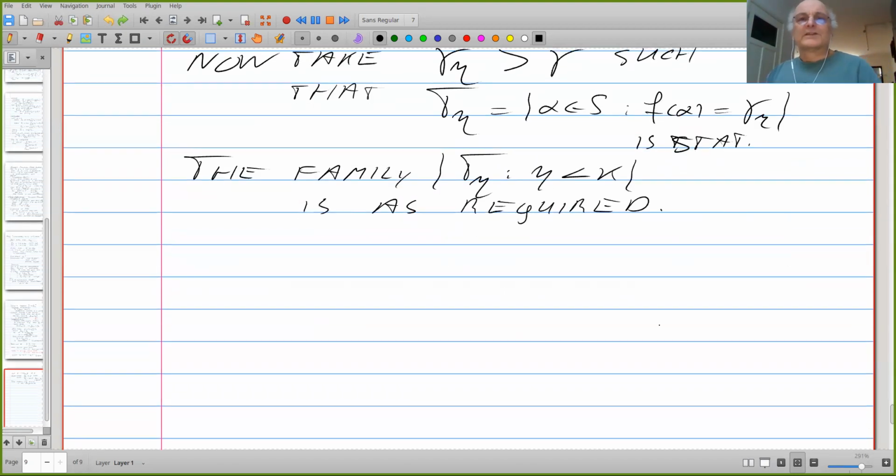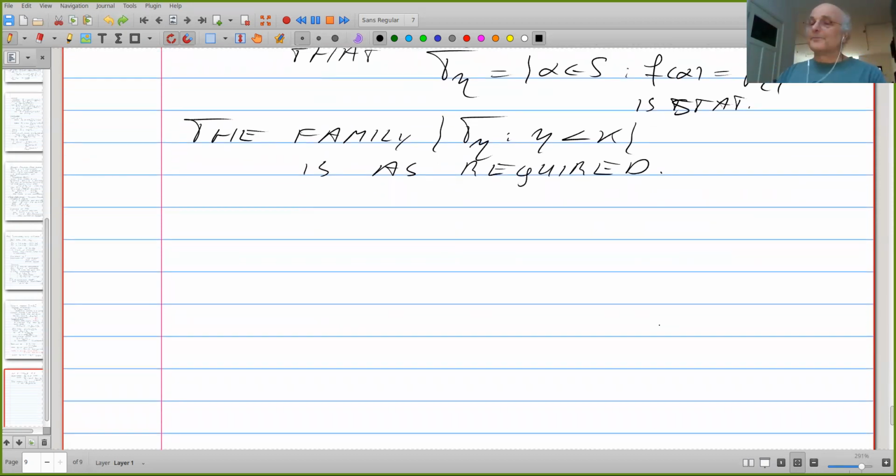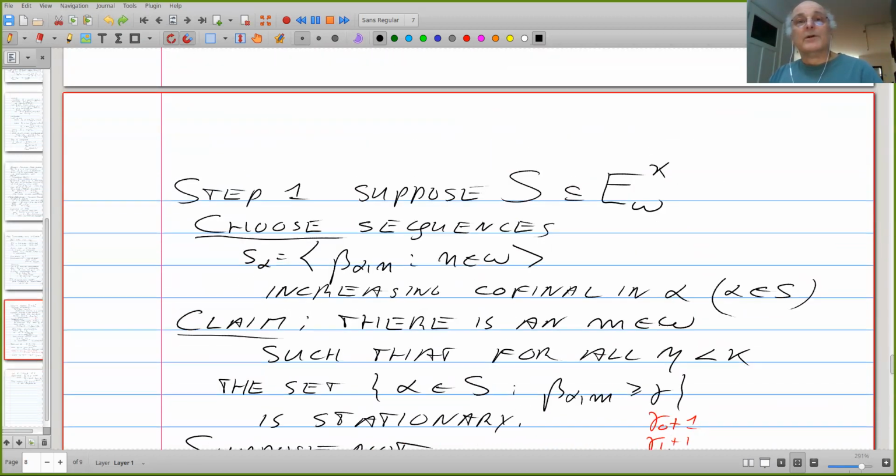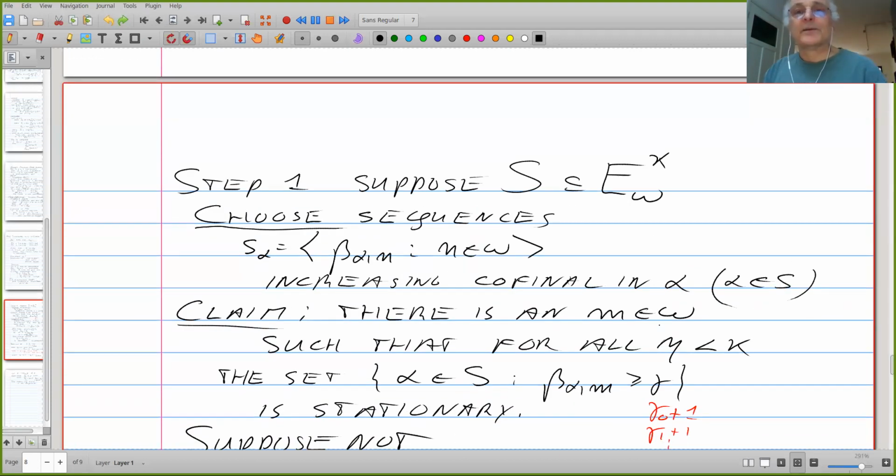Okay, one last thing before we have our break, and before we jump into the final part of the proof. What was our case? Step one, suppose we have a stationary subset of just E kappa omega. And then we could do it.